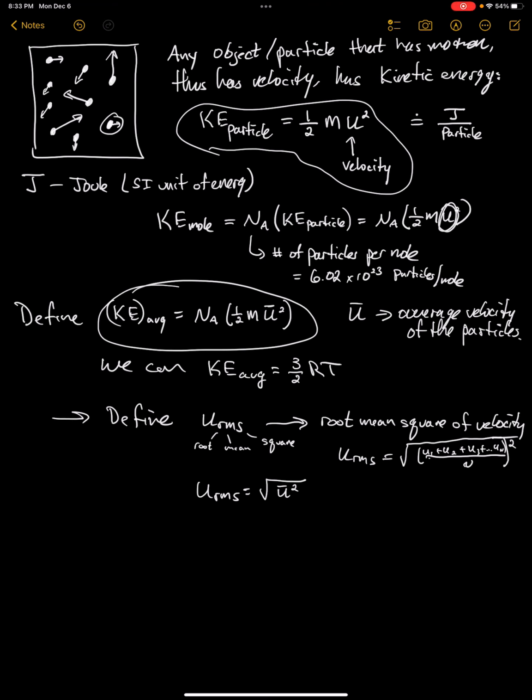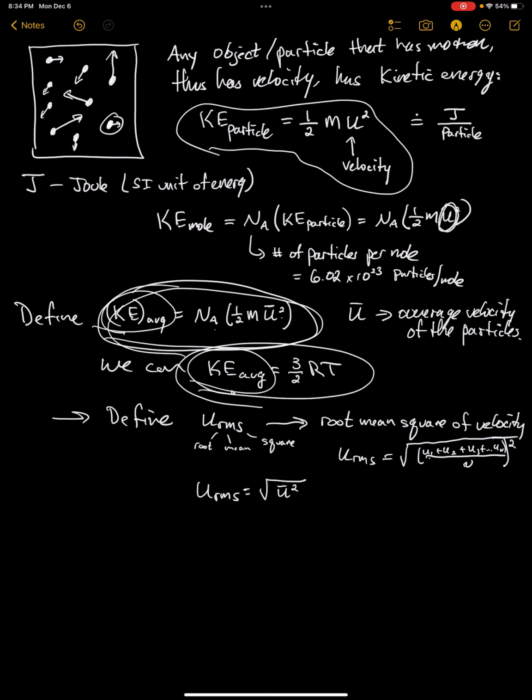Okay, now remember that kinetic energy from this expression here is equal to N sub A times 1/2 m u bar squared, but it's also equal to 3/2 RT. So we can set these two equal to each other. We can set this average kinetic energy equal to this average kinetic energy and get that the number of particles in a mole times the kinetic energy of that particle based on the average velocity is equal to the second form of average kinetic energy, so 3/2 RT.